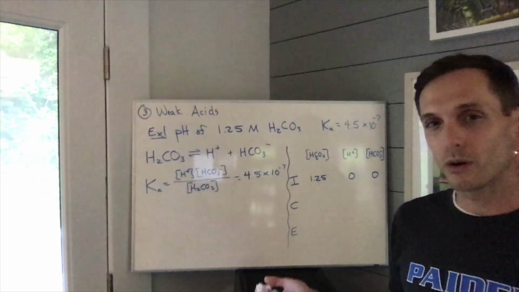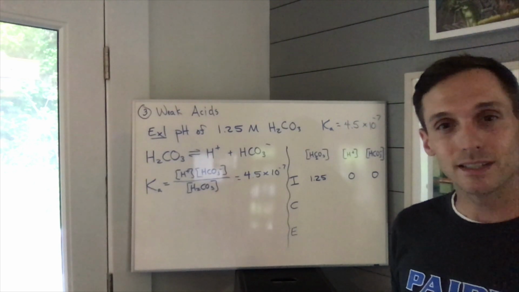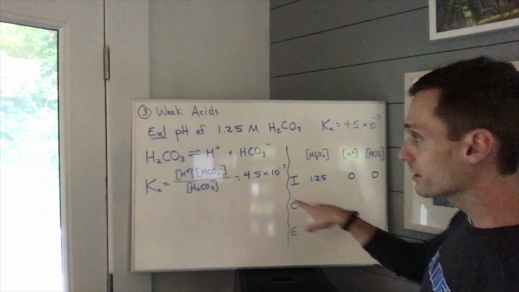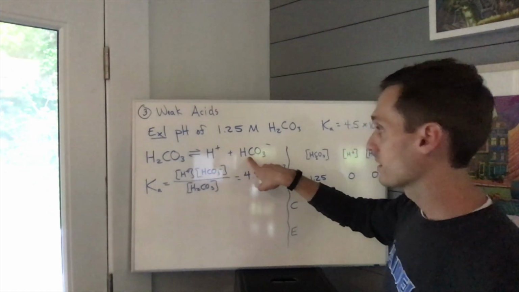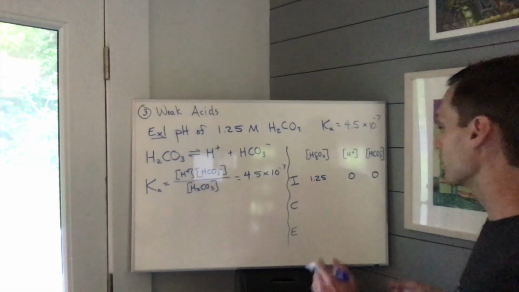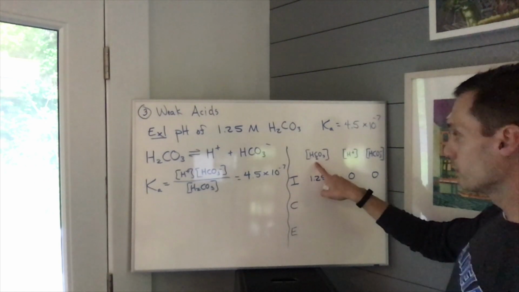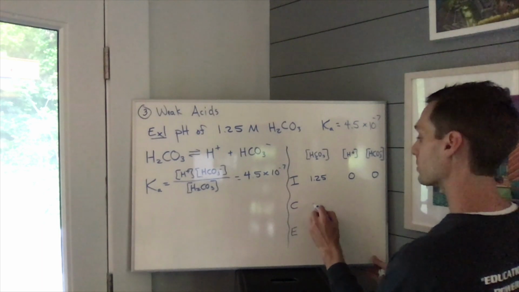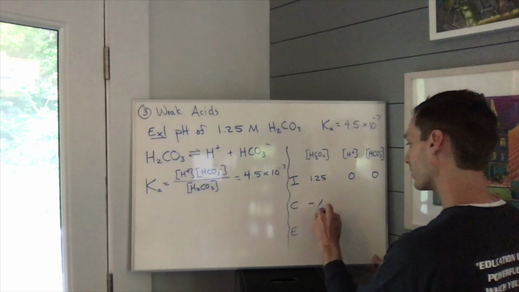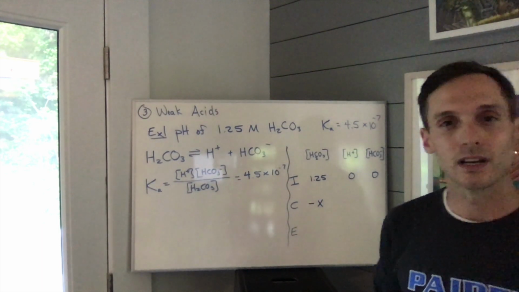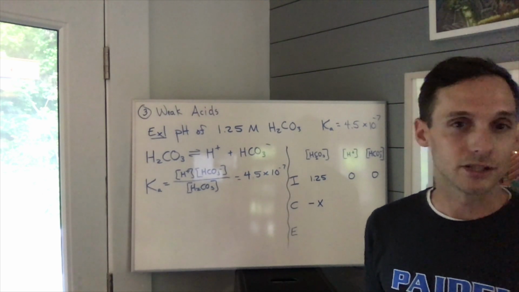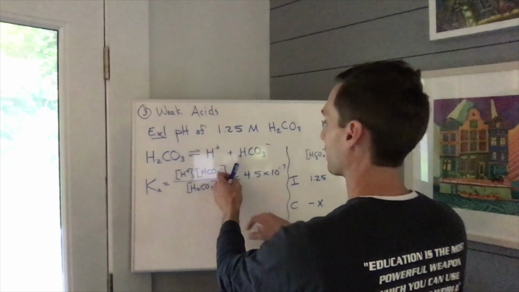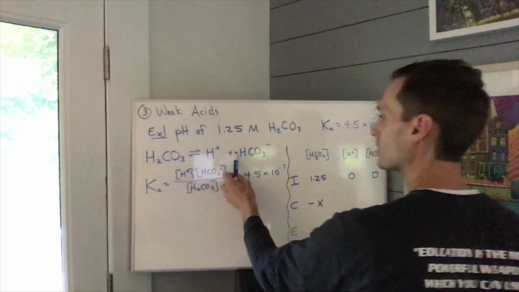So we don't know exactly how much acid dissociates, but we know some of it is going to be lost to H plus and HCO3 minus. So because we know we're going to lose some of our original acid, but we don't know how much, we're going to say we lose X amount of that acid, H2CO3. Look at your balanced reaction here. It's all 1 to 1 to 1.